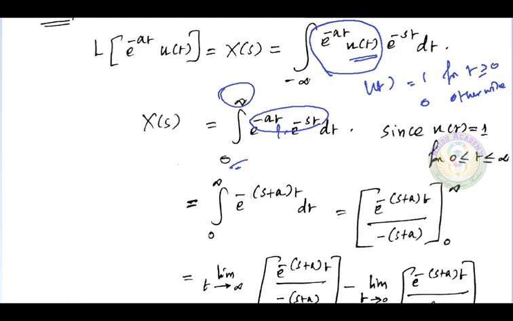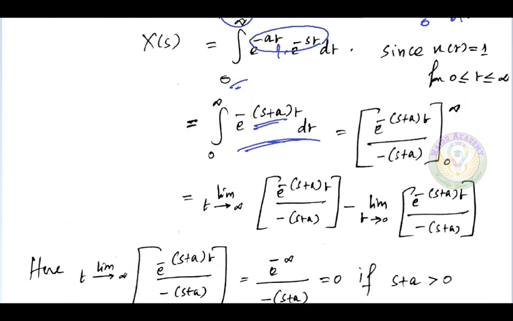So e power minus s plus a times t, and you just integrate this with respect to t, and substitute the upper limit and lower limit.